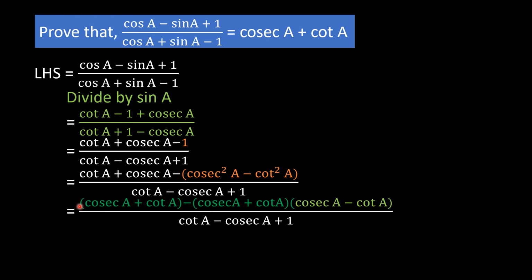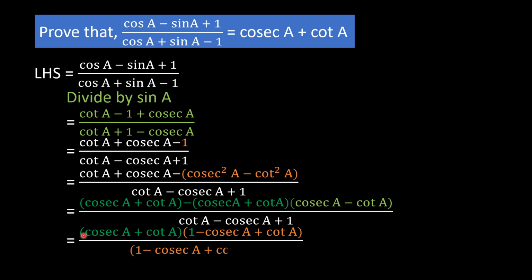Now here, in this term there is cosec A plus cot A, and in this whole term there is cosec A plus cot A. So we will take cosec A plus cot A common from these two terms and write cosec A plus cot A, which is the common term.